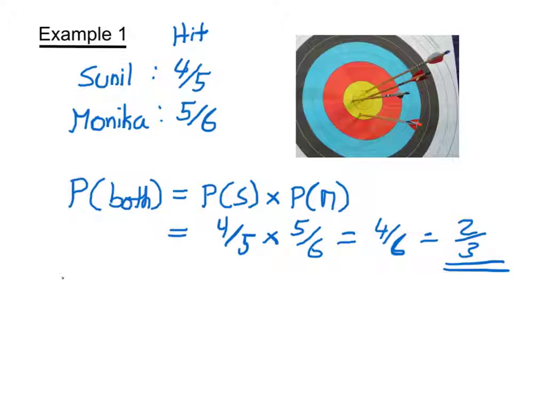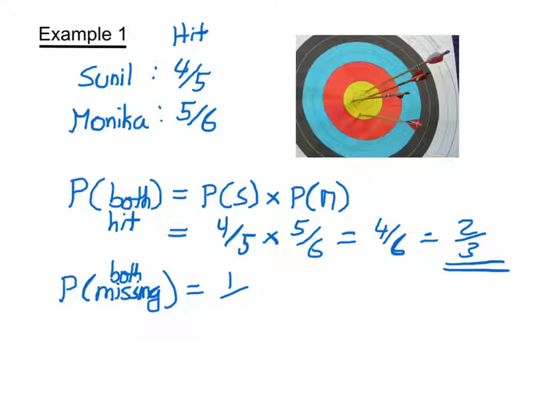Now the probability of both of them missing is very similar. And we can find those probabilities from the given probabilities at the start of the problem. We know the probability of Sunil missing must be 1/5, which is the difference between 1 and 4/5, her probability of hitting.